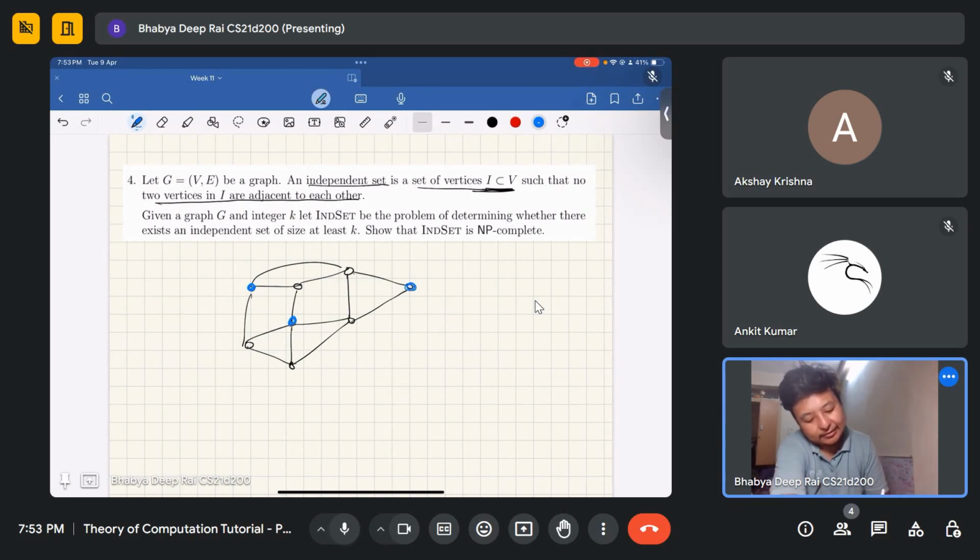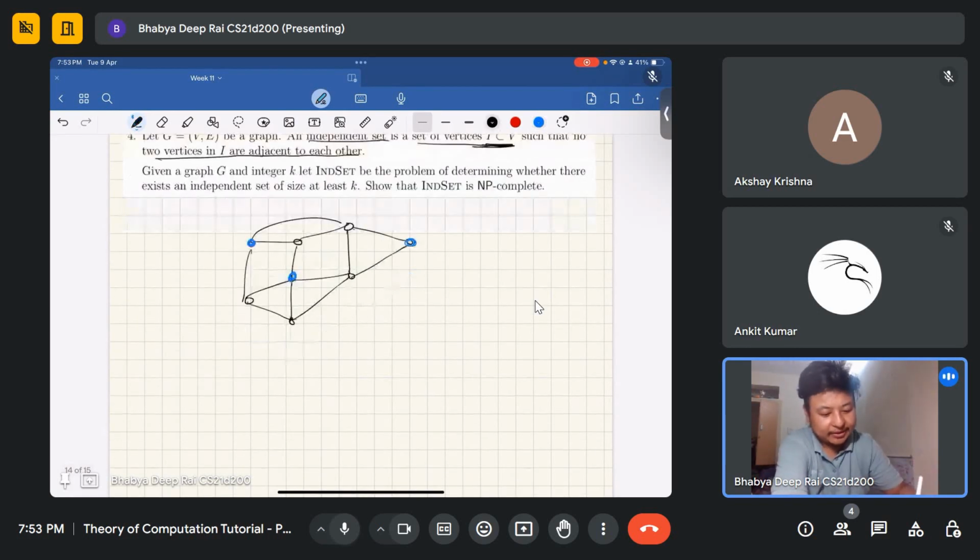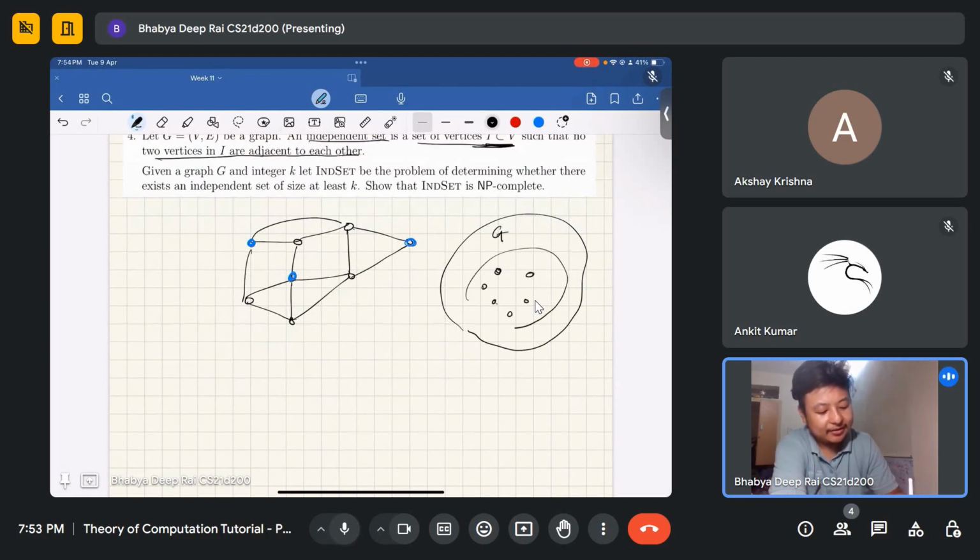Anything else? No. So to see a general idea, if this is a graph, an independent set will be like this. It will be a set which has edges to others, but among themselves they do not share any edges. So you cannot have something like this. This is not possible. So this is an independent set.